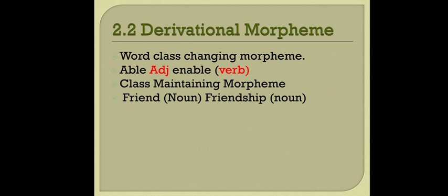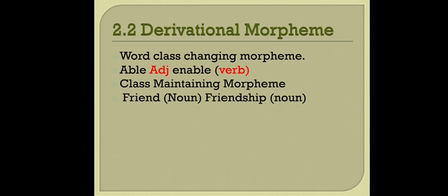Class maintaining morpheme. A morpheme that does not change the category or the class of the word or part of speech is also known as a class maintaining morpheme. Let's take an example of the word friend. Friend is a noun.